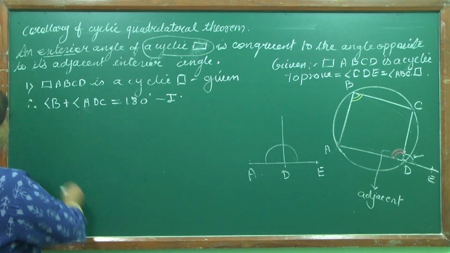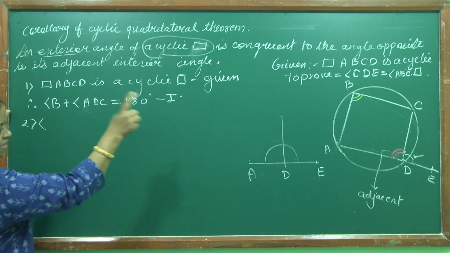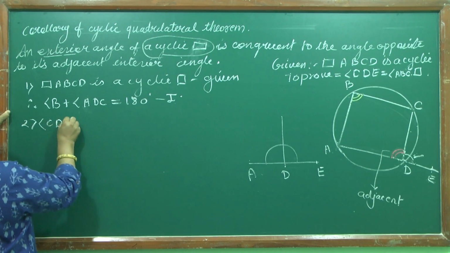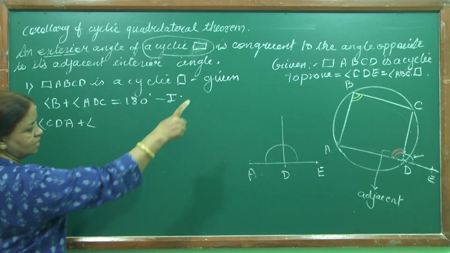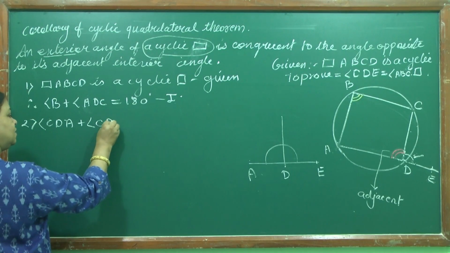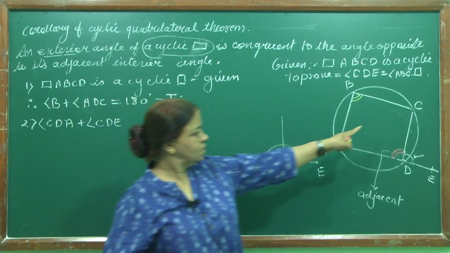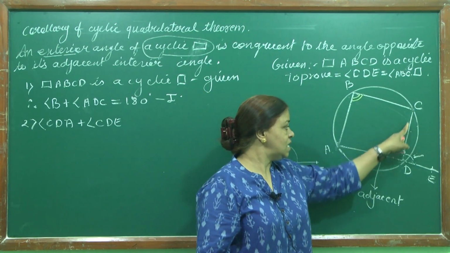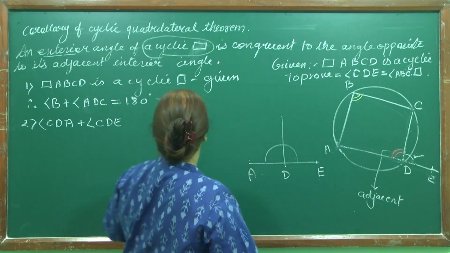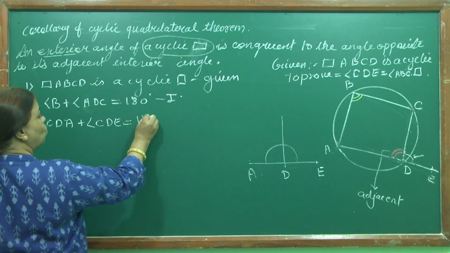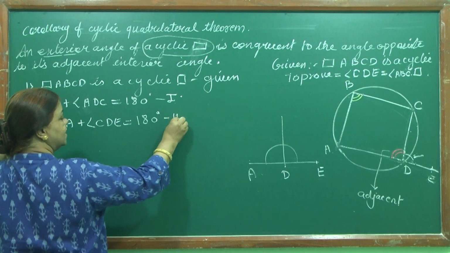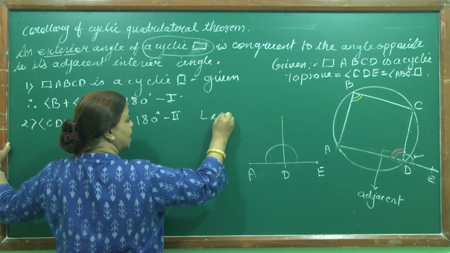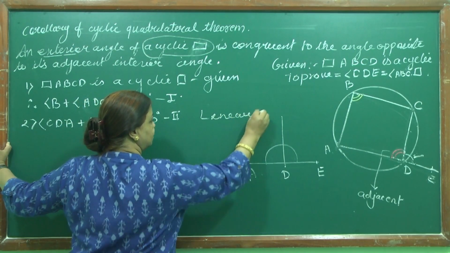So I can say angle CDA plus angle CDE is equal to 180 degrees. Second statement, reason is linear pair.